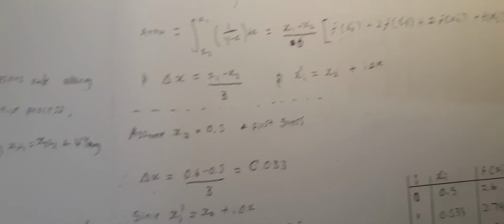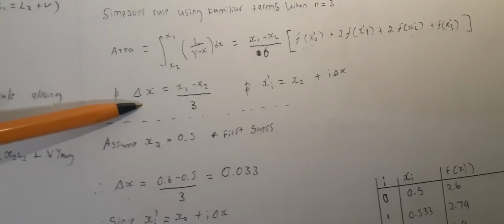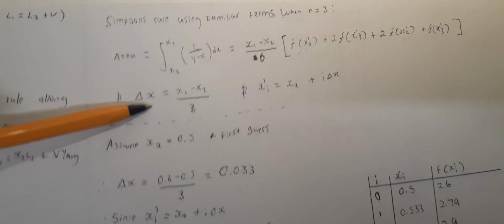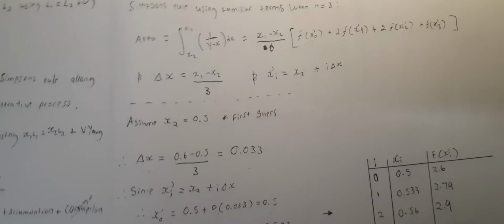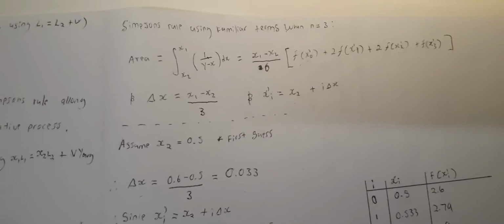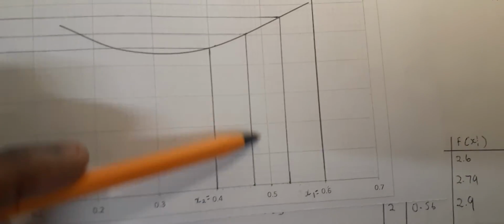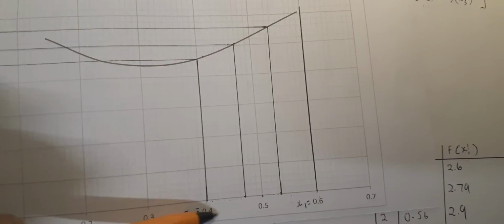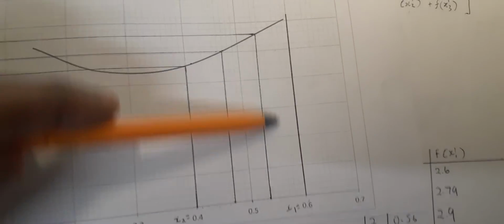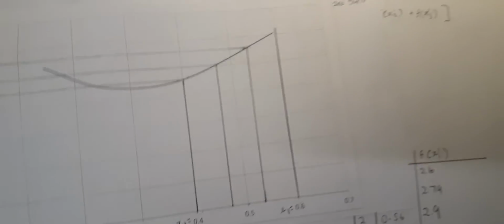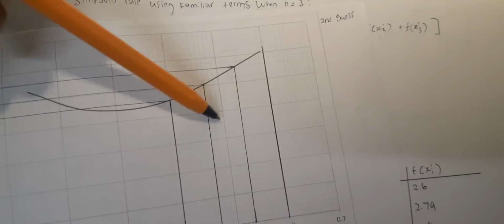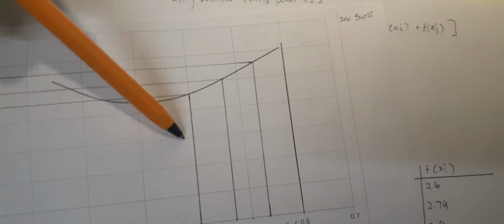So the first step of using the Simpson's rule, we have to start with determining the delta x, which helps us to find the spacing between the rectangles. By rectangles, I mean these things, these blocks, and the n equals 3. It is the number of rectangles, the n on the Simpson's rule.